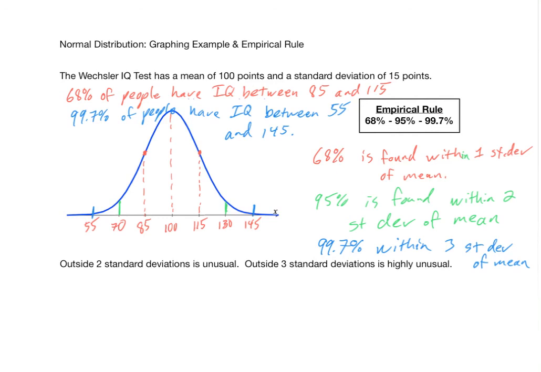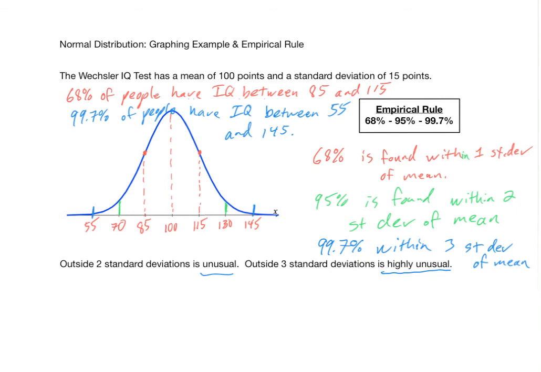There's another rule of thumb that was mentioned at a previous time, but I want to bring it back again now. Any data points that are outside 2 standard deviations of the mean are called unusual. Any data points outside 3 standard deviations of the mean are considered highly unusual. So it is unusual for someone to have above a 130 IQ or below a 70 IQ.